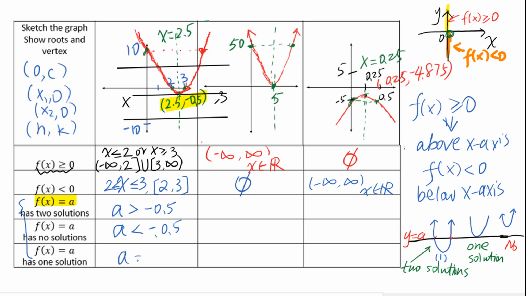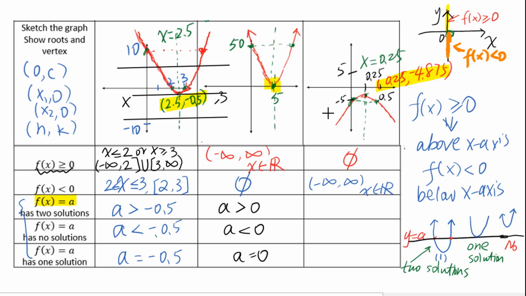When a equals negative 0.5, there is only one solution. Same thing for the second graph. This is a minimum point, at 0. When a is greater than 0, two solutions. When a is less than 0, no solution. When a equals 0, there is one solution.